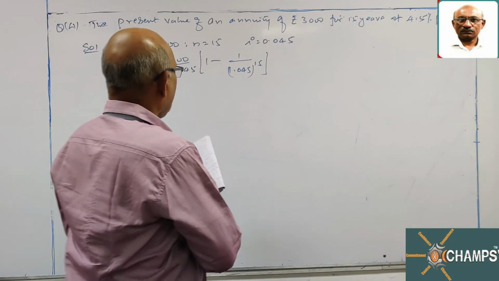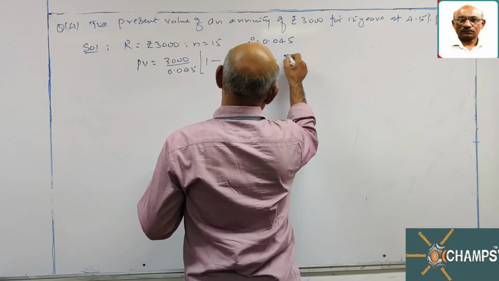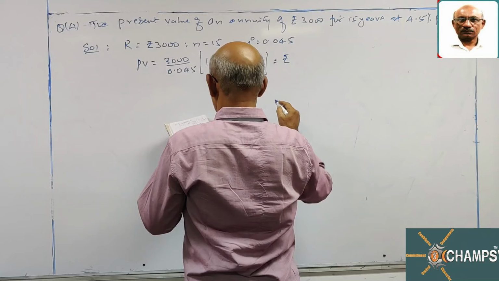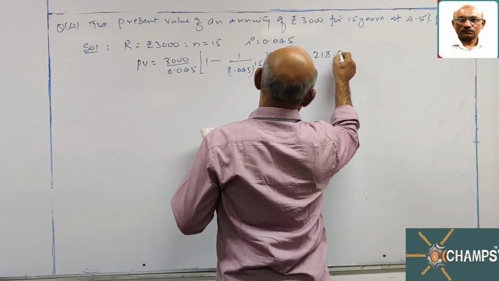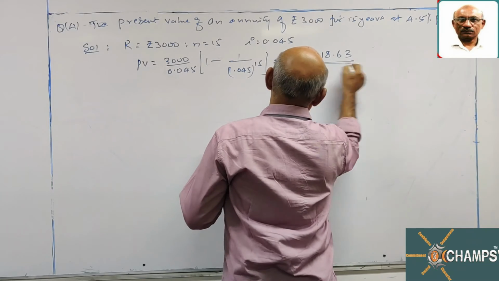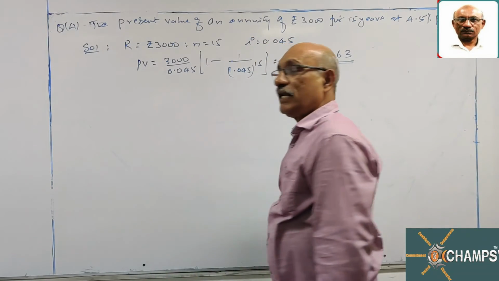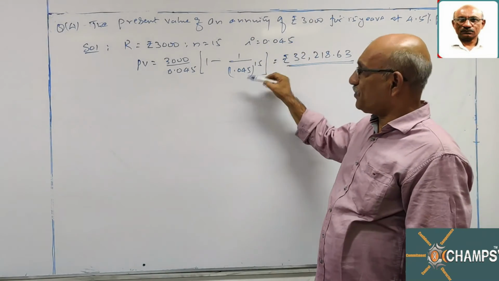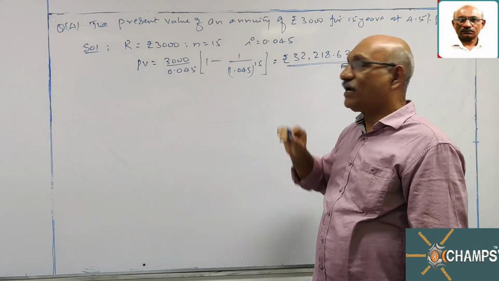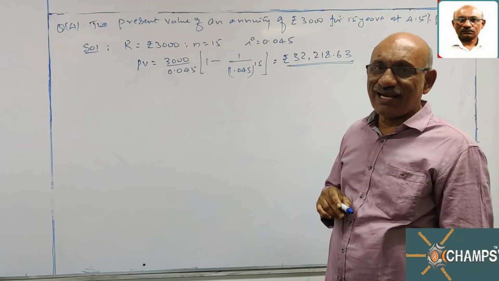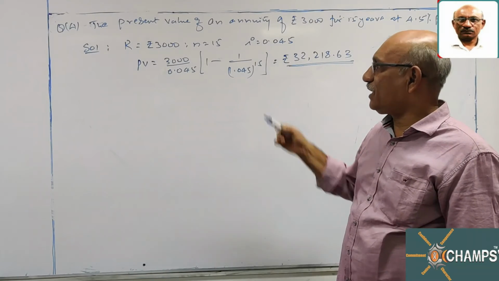When you simplify this on calculator, what value you will get? Rupees 32,218.63. The process is same for all these. For 2 problems, I explained how to do these calculations on calculator. Do some good practice.